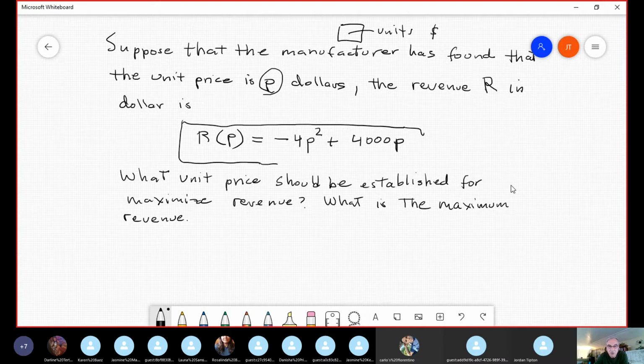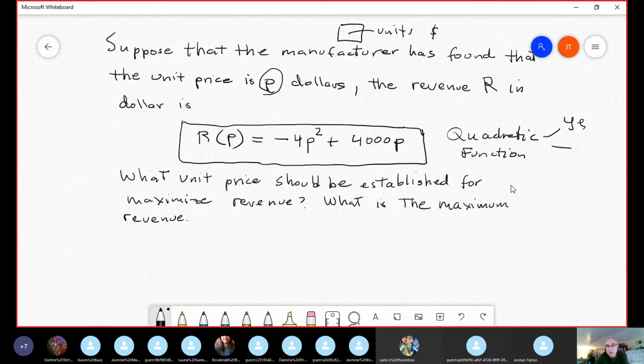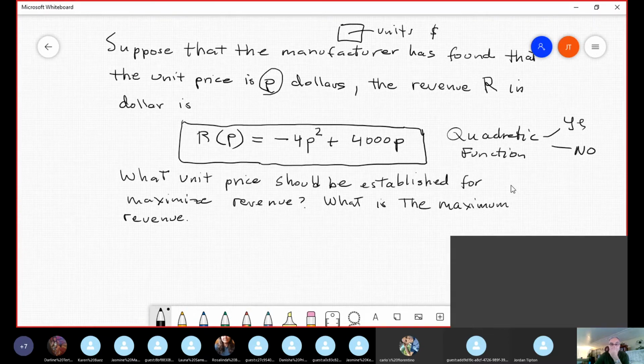And you discover, wow, the equation for the revenue is a quadratic function. Yes or no? Yes. Very well. Entonces, this is a parabola, right?